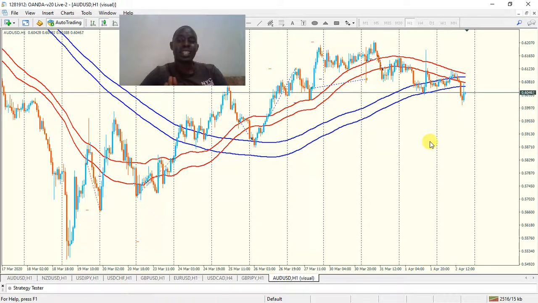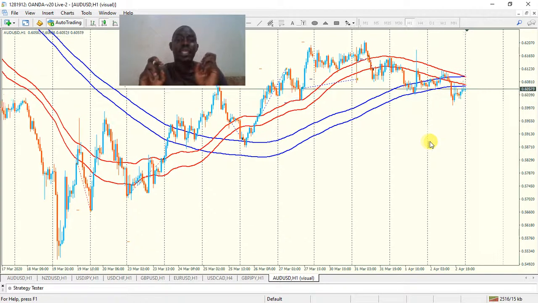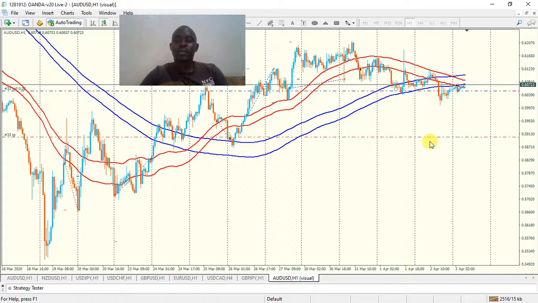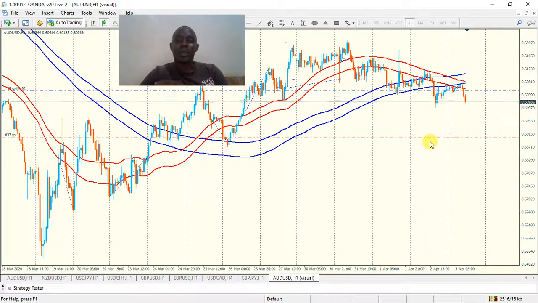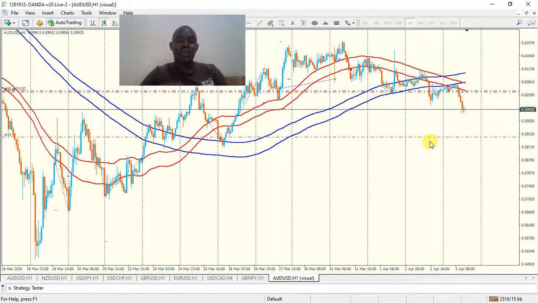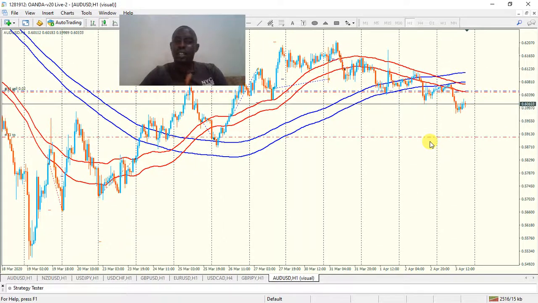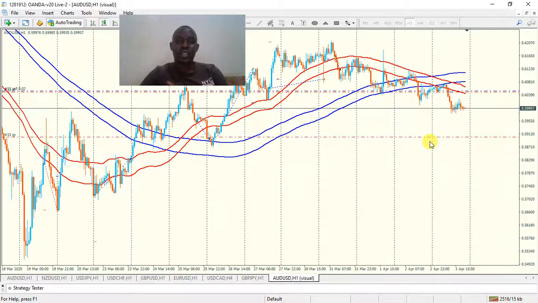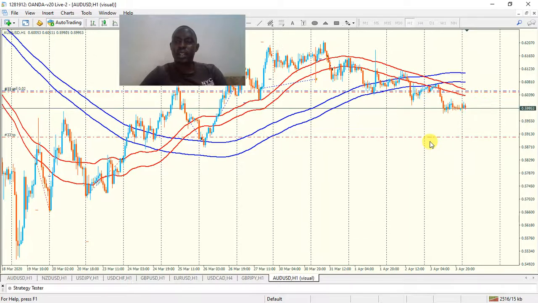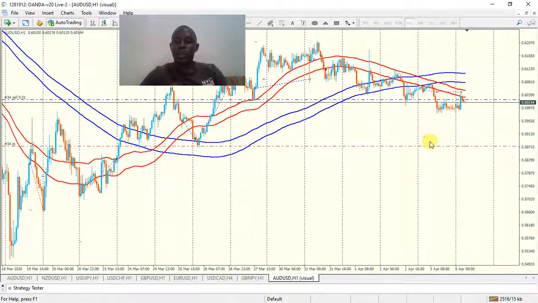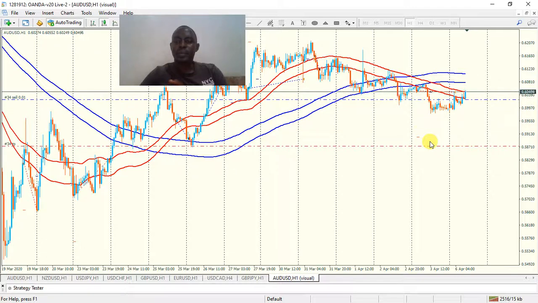The two MAs are in an entanglement, so we're not opening long positions. We're looking for short positions, and there we have another. Let's give it a few more seconds and look at a few more long positions if we can get them.